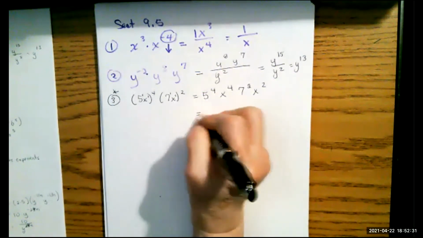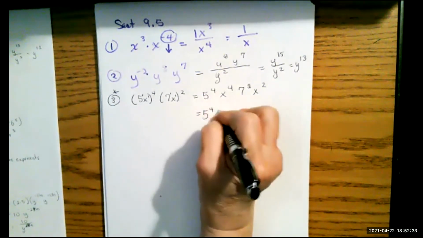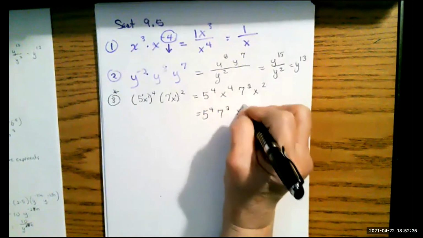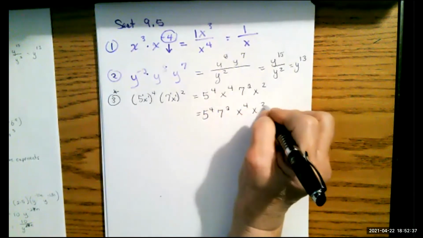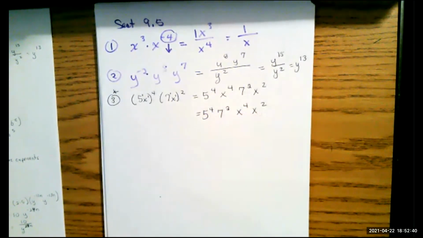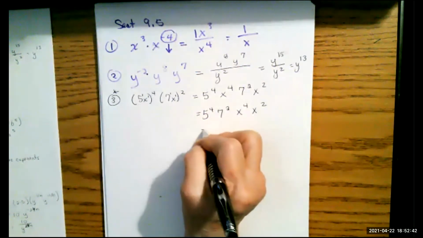Now I'm going to put my numbers together, 5 to the 4th, 7 to the 2nd, x to the 4th, x to the 2nd. You don't actually have to do that step, but it helps me.